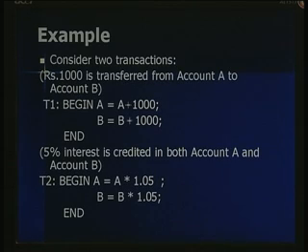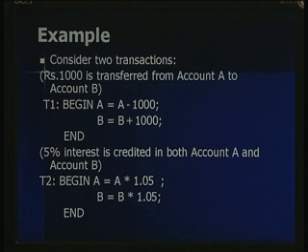Here is a very simple example shown in the slides. There are two transactions shown, T1 and T2. T1 is an account transfer transaction, transfer of money from one account to the other account. Now 1000 rupees are being transferred from account A to account B by transaction T1.